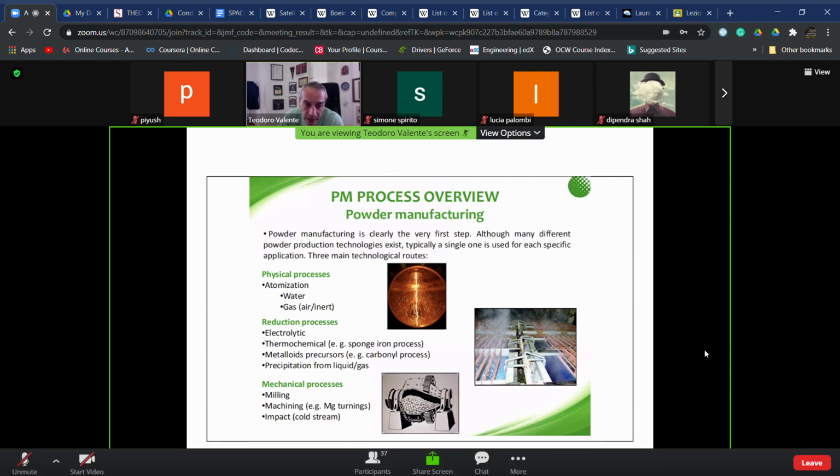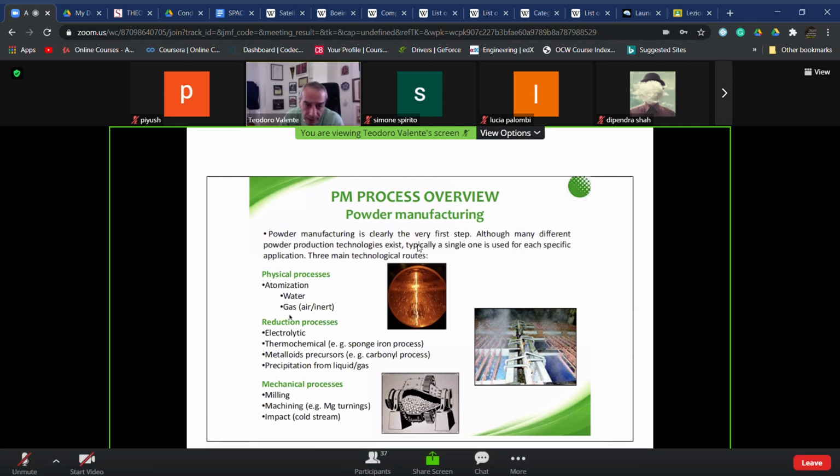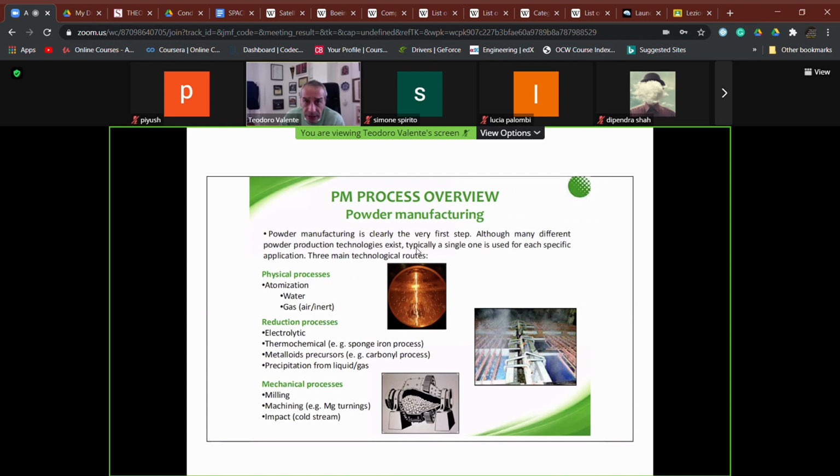Of these three classes, the most important are the atomization and the mechanical milling process. So we have already seen the milling and alloying by using the technology we have defined for the ODS materials. We need to say a few words about atomization, water or gas, but this will be the start of the lessons of next Monday. And for today, it's all.